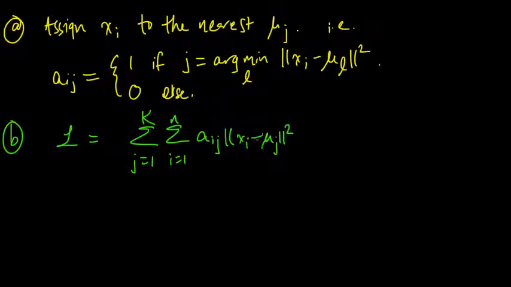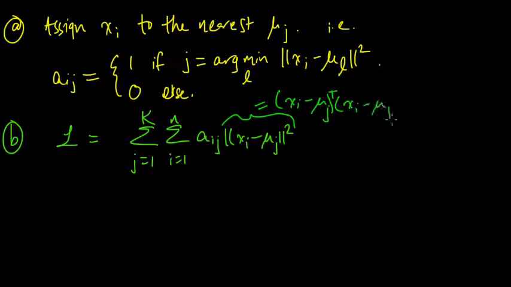And this squared Euclidean distance is the dot product of x_i minus mu_j with x_i minus mu_j, of course.